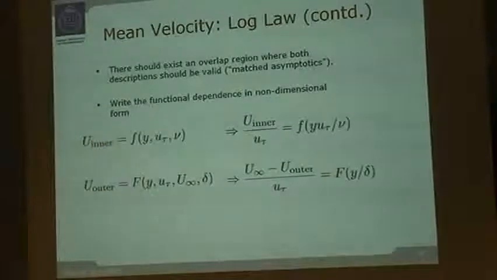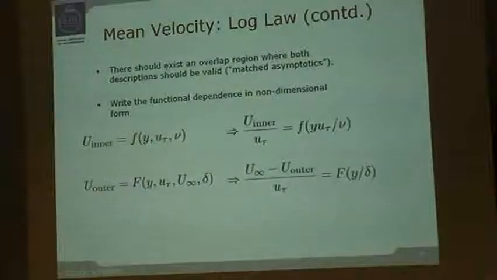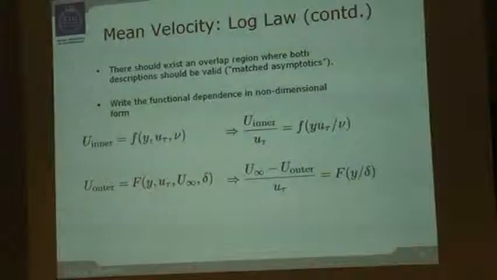Now, in an effort to proceed further, we can continue with this inner profile and write it in non-dimensional form, so we can normalize it with u tau, giving u plus as a function of the other dimensional parameters. In a similar way, we can do that for the velocity profile in the outer region.